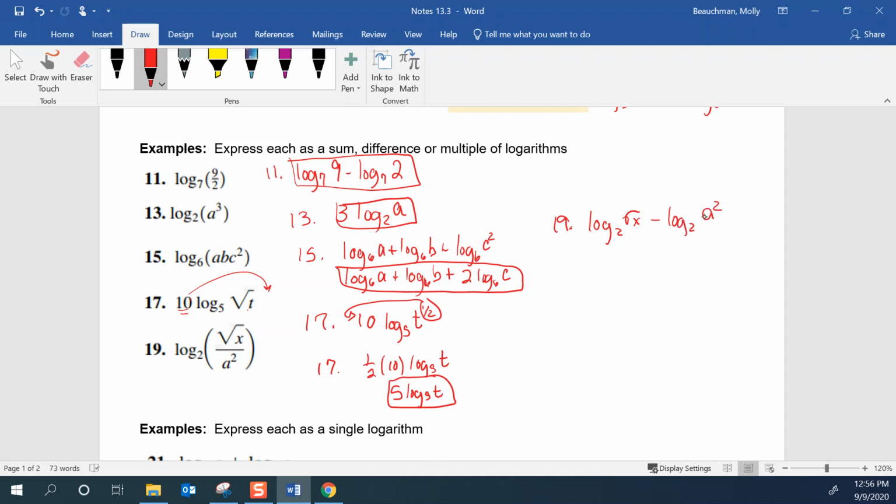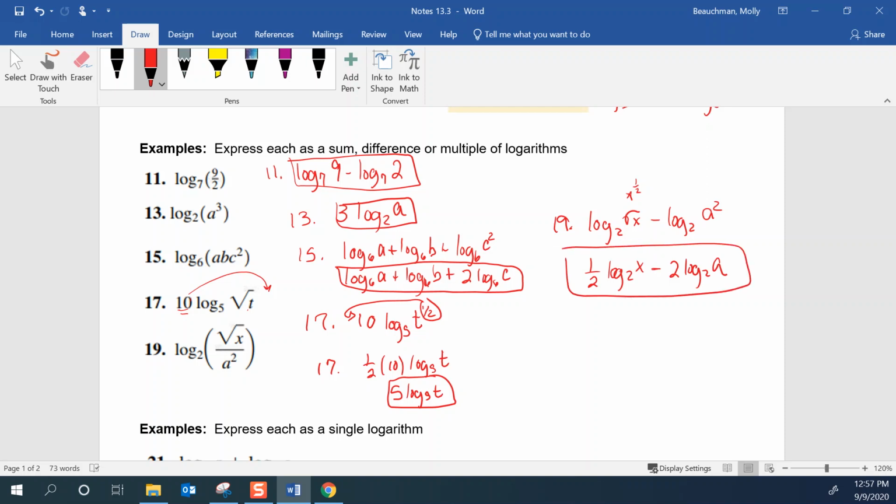And now I want to rewrite these so that we have single x or a single a. X is power of a half. So I'm going to take that and rewrite it as 1/2 log base 2 of x, again because x to the power of a half is the square root of x, minus, multiply the 2 in the front, 2 log base 2 of a.